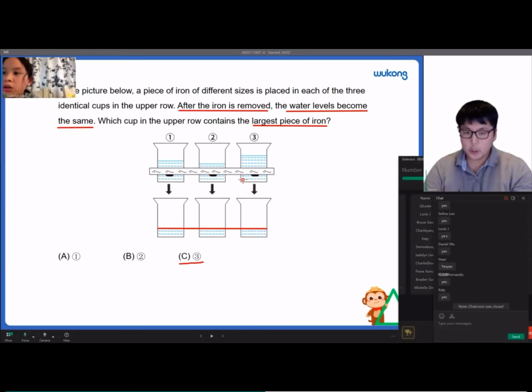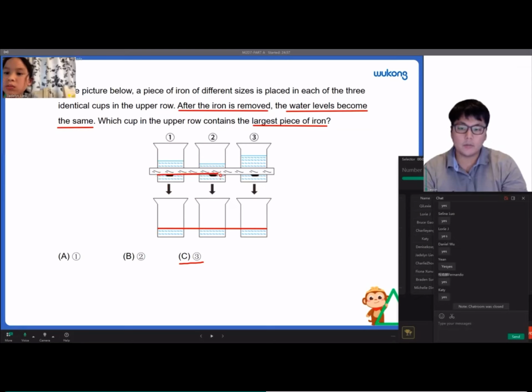So we can see that this red line on top of here is the water level when you take out the iron pieces, correct? Yes. And then if I draw a purple line, everybody, listen very carefully, you can see that this is how much the water level dropped.